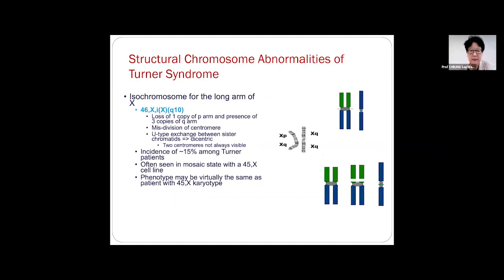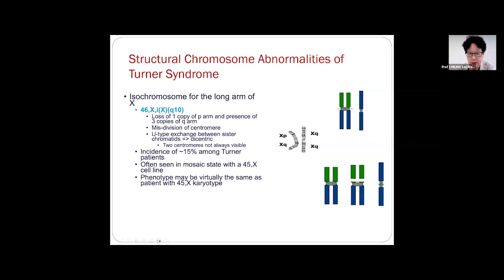The other type of Turner syndrome involving structural chromosome abnormalities. For example, as you can see, isochromosome for the long arm of X. So you could see that in here, there's a normal X chromosome. Here's the centromere, and XP and XQ.